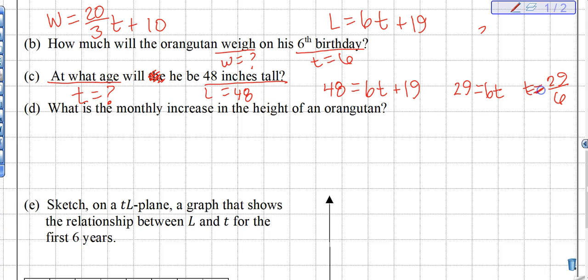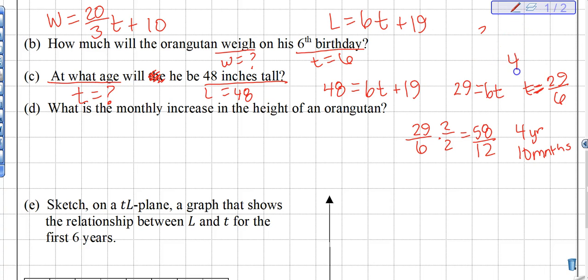So I'm thinking, could I convert this 29 over 6 into 12 months? Could I do times 2 and get 12 months in the denominator? Because this is representative of how many months? So 29 times 2 is 58. And that gives us 4 years and 10 months old. So that's an exact answer.